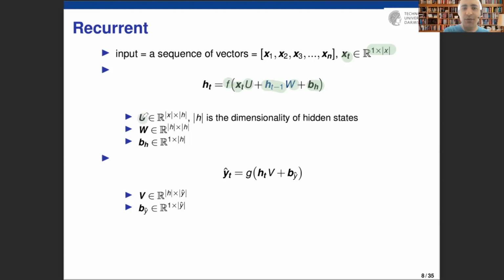Okay, so U is a matrix with size X times H, and H is the dimensionality of the hidden states, and it is a hyperparameter. So when you are defining your recurrent neural network, you need to define what should be the length of the vectors, or the number of neurons in the hidden state.